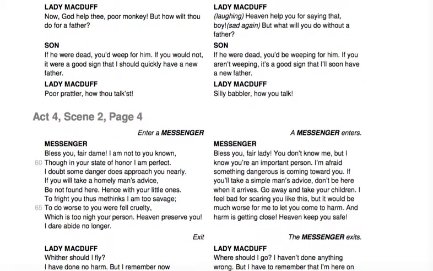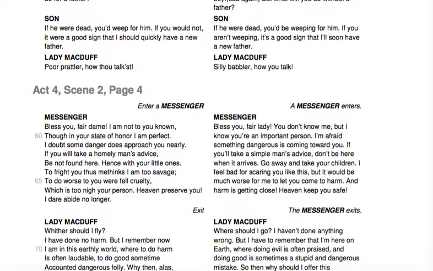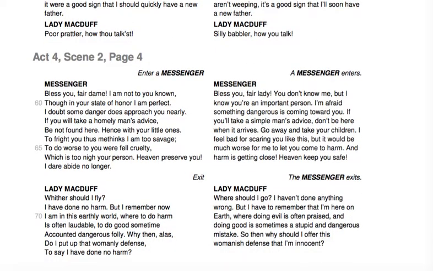I am not to you known, though in your state of honor I am perfect. I doubt some danger does approach you nearly. If you will take a homely man's advice, be not found here. Hence with your little ones. To fright you thus, methinks I am too savage. To do worse to you were fell cruelty, which is too nigh your person. Heaven preserve you. I dare abide no longer.